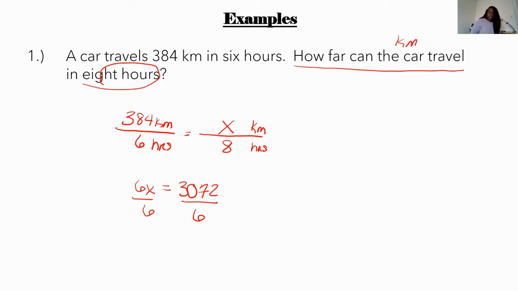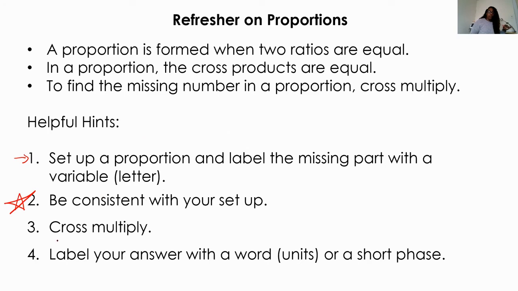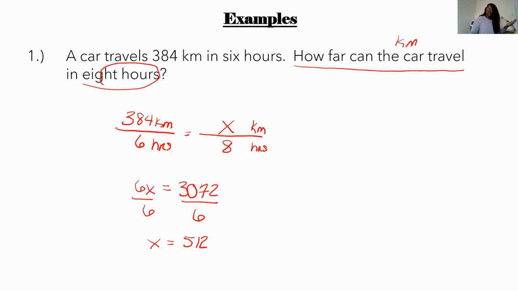When I do that, I have x equals 512. But this is when it comes down to that last part, number 4: label your answers with the word or unit. So 512 what? As we said, we're looking for the kilometers, so it's going to be 512 kilometers.